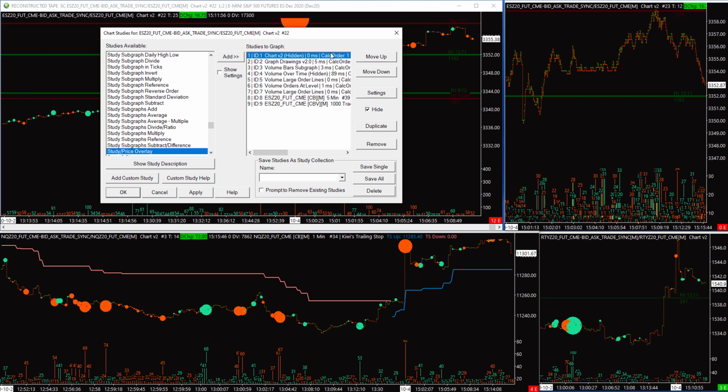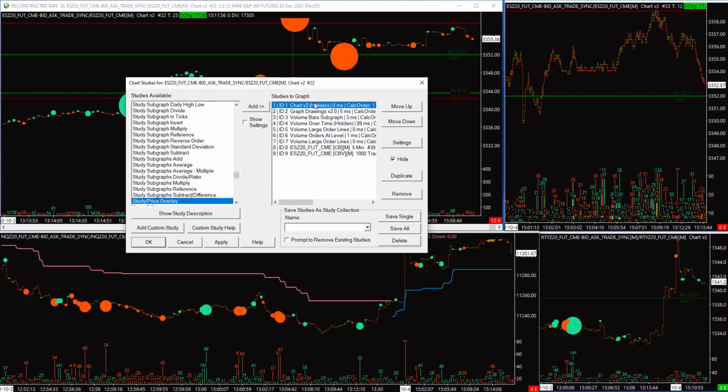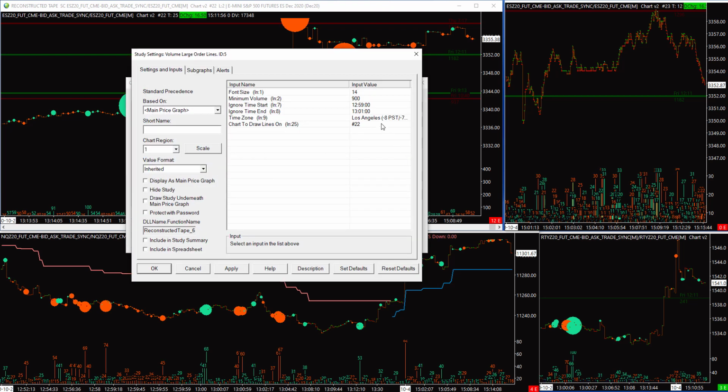So if we bring up the chart study settings for this chart, there's a study called volume large order lines. It's a pretty stupid name, but that's what I came up with. And there's this threshold right here called minimum volume, and you can set it to whatever you want. So if a market order is larger or equal to whatever number, in my case 900, it'll draw a line.